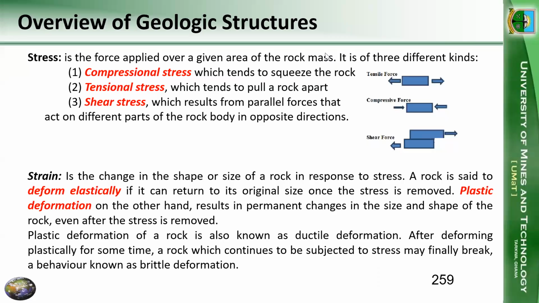So we could talk about elastic deformation and plastic deformation. Anytime a rock deforms and the rate of deformation is directly proportional to the applied stress, all right, then we say the deformation is elastic.